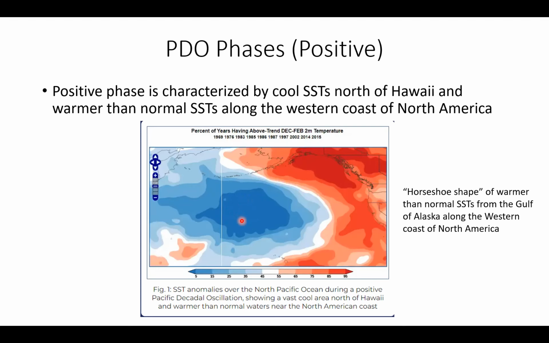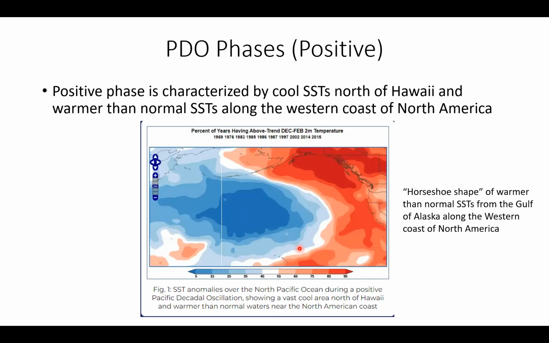And this, by the way, is courtesy of the World Climate Service, this graphic. It shows percentage of years having above trend December through February 2-meter temperatures. So these are the sea surface temperature anomalies over the North Pacific Ocean during a positive Pacific Decadal Oscillation, or PDO. Again, cooler than normal water temperatures located here, generally to the north of the Hawaiian Islands.